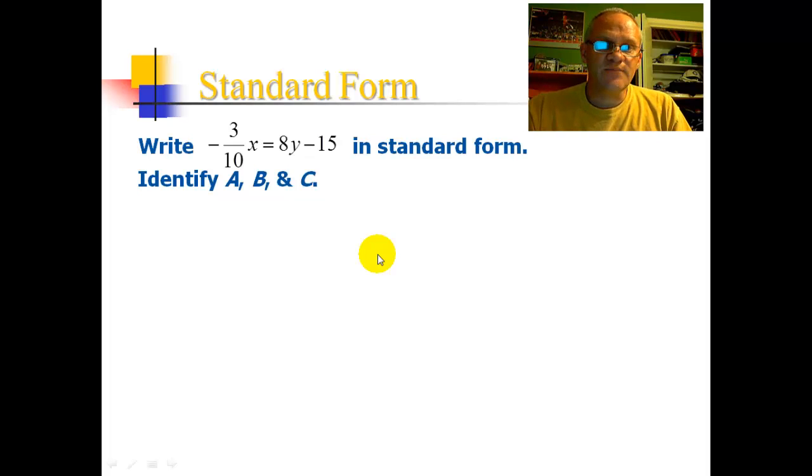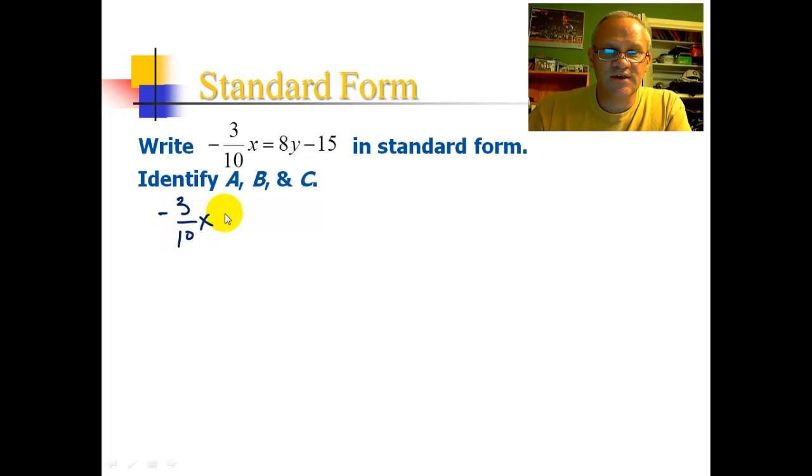Whatever's on the bottom of this fraction, I'm going to multiply by that number over 1. So let me rewrite this so I've got some room to work with here. Negative 3/10 x equals 8y minus 15. If I'm going to multiply this by 10 over 1, then these 10s will cancel out, as long as I multiply by 10 on this side too.